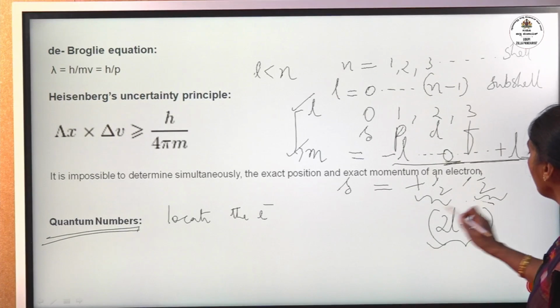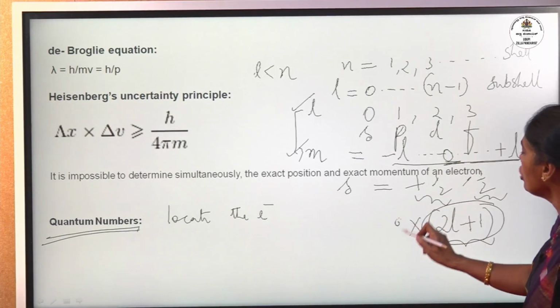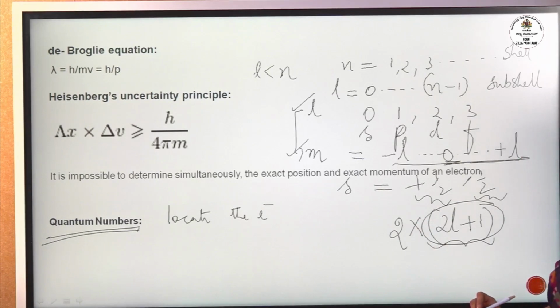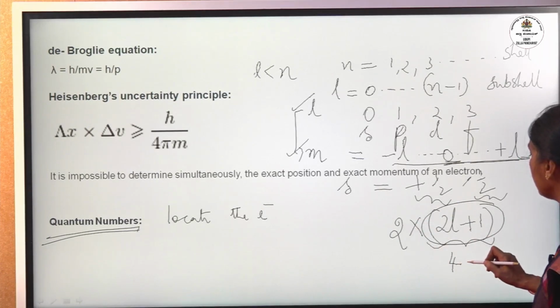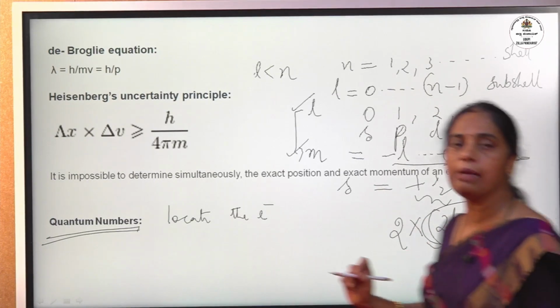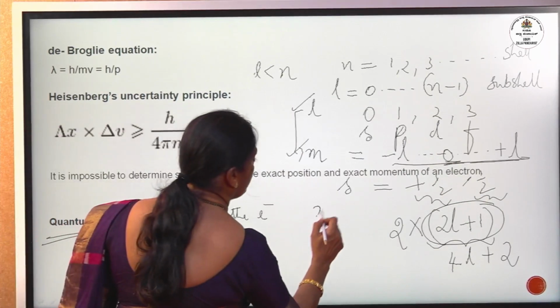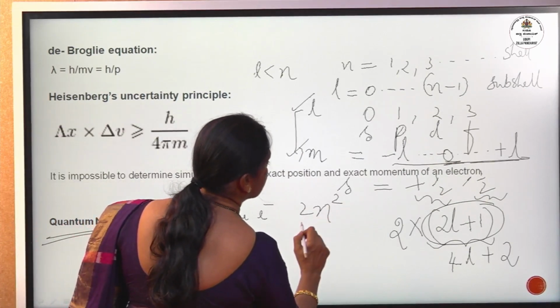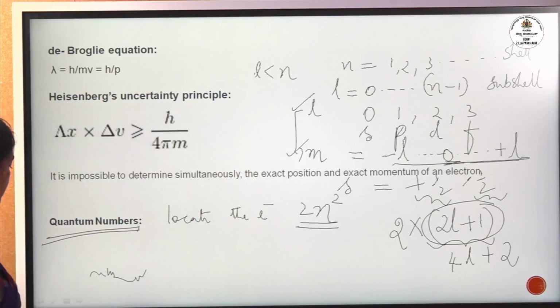The number of orbitals present in a subshell is 2l plus 1. Each orbital can accommodate 2 electrons, so the number of electrons present in a subshell is 4l plus 2. 2n square is the maximum number of electrons in a shell.